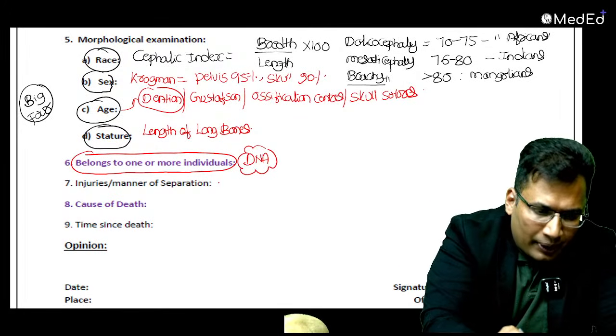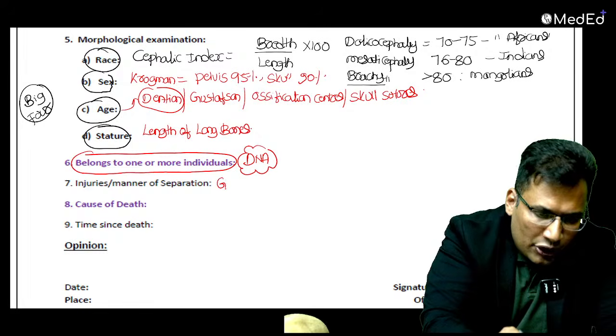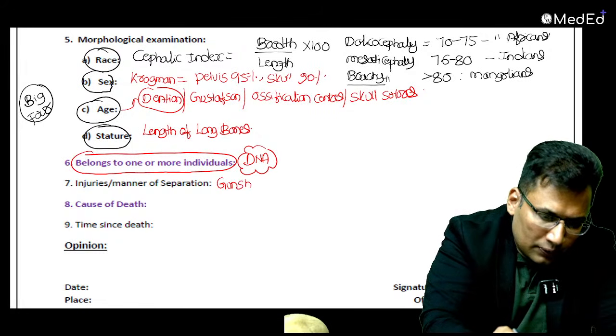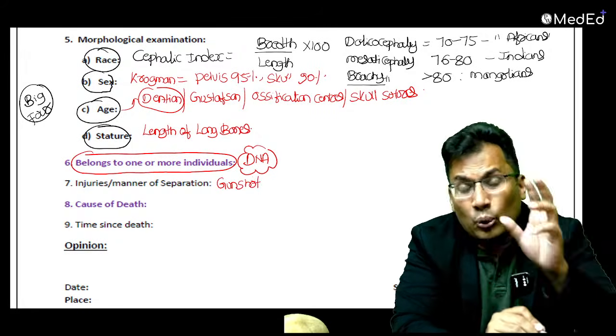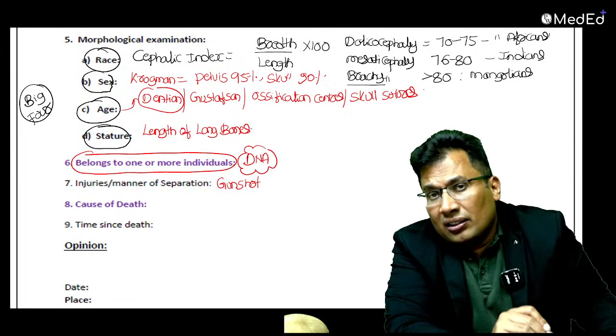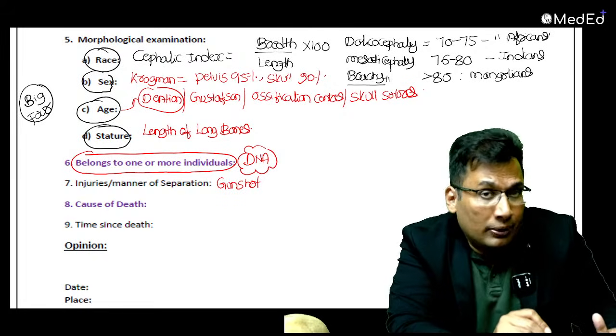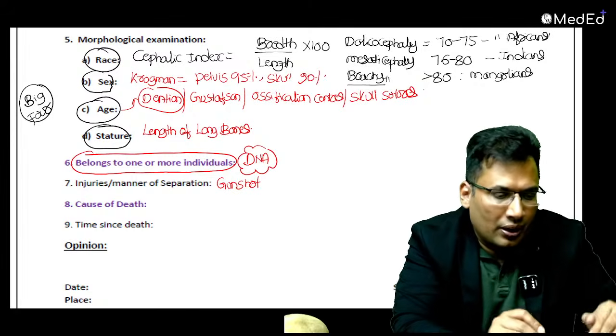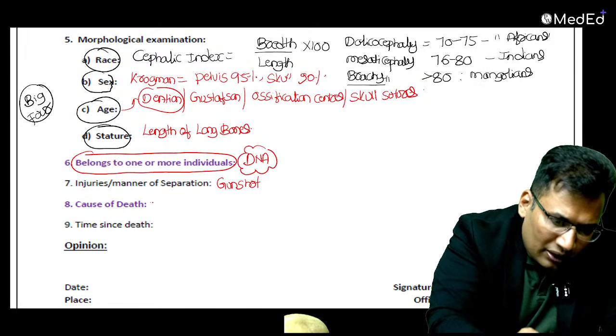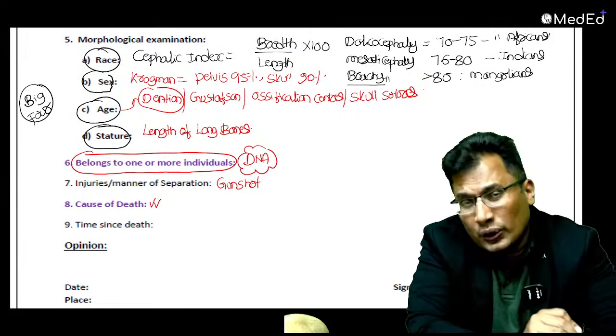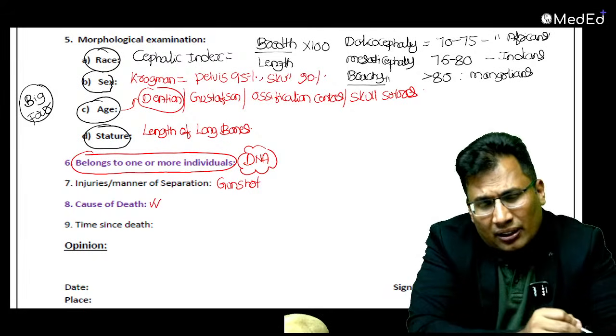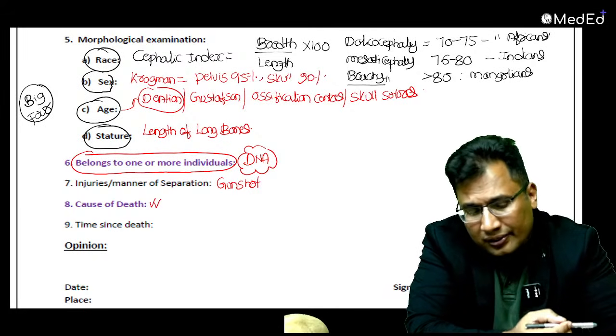Injuries and manner of separation, again sometimes a gunshot wound. Outer table beveling is there in an exit wound, inner table beveling is there in the entry wound. Cause of death, up to some extent, if it is a gunshot injury or some other fractures are there.